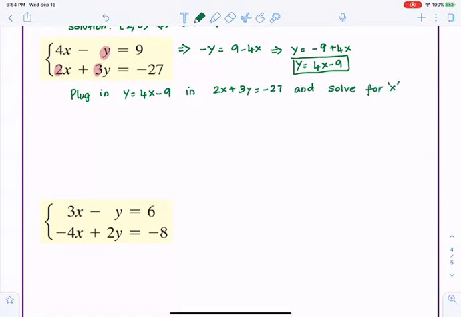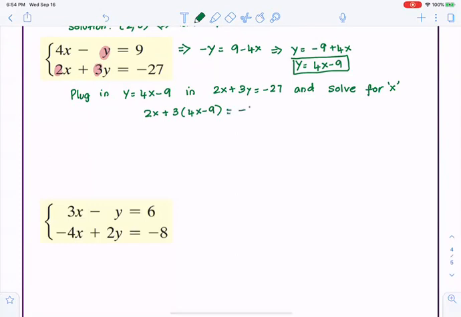So plug in y equals 4x minus 9 into 2x plus 3y equals negative 27, and we solve for x. So 2x plus 3 times (4x minus 9). I'm replacing or substituting y as 4x minus 9.